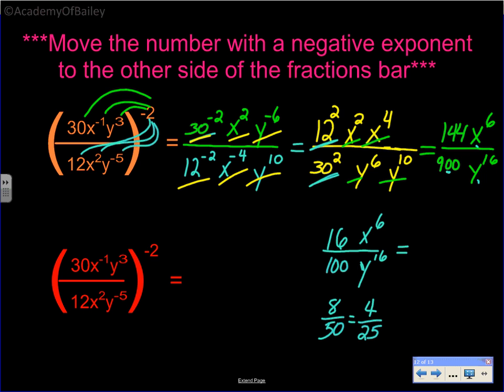What about 4? 4 goes into 4 once. 4 goes into 25, not evenly, it does not. So here's your answer: 4 over 25, x to the 6th, y to the 16th. And that's what your final answer should look like.